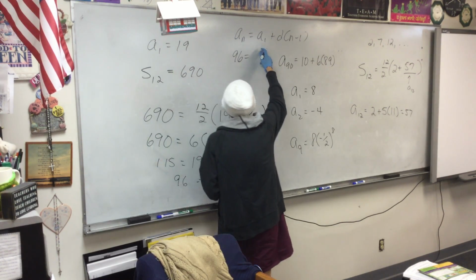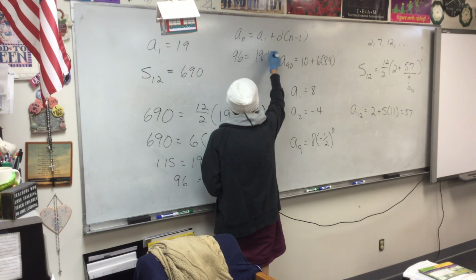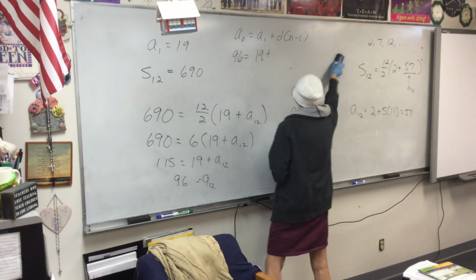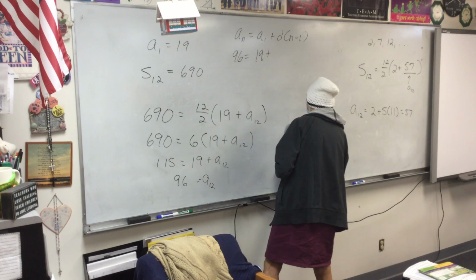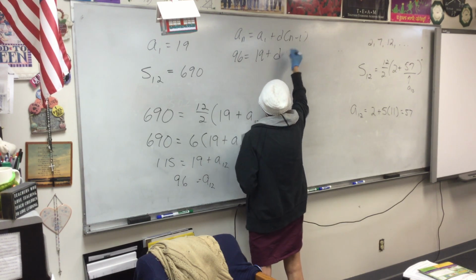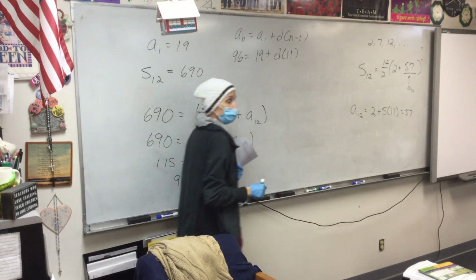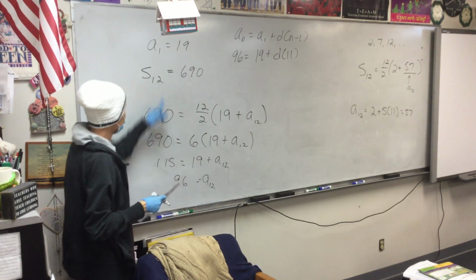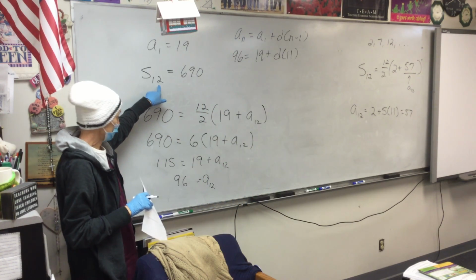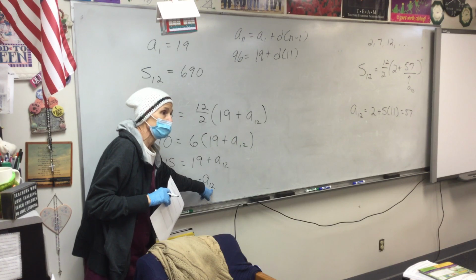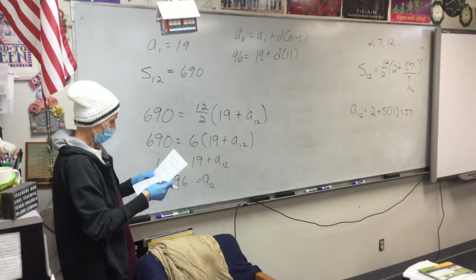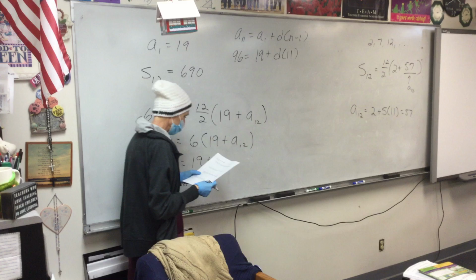What are you going to put here? 19. Plus D. Yeah, we don't know what D is, but what do we know about N? We know N minus 1 is 11, yep. Because N is 12. Right? And you can work that out.